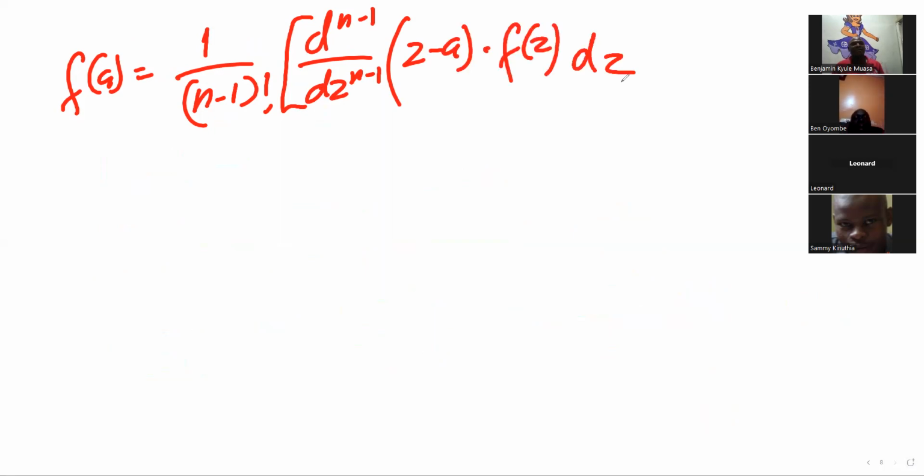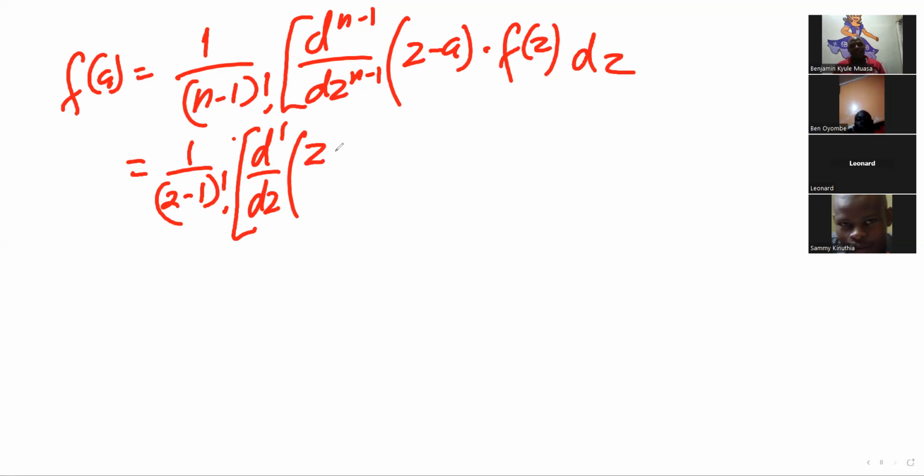So it means that in our case here, our n is 2. So we are going to have 1 over 2 minus 1 factorial, then d over dz, that is 2 minus 1 is 1.